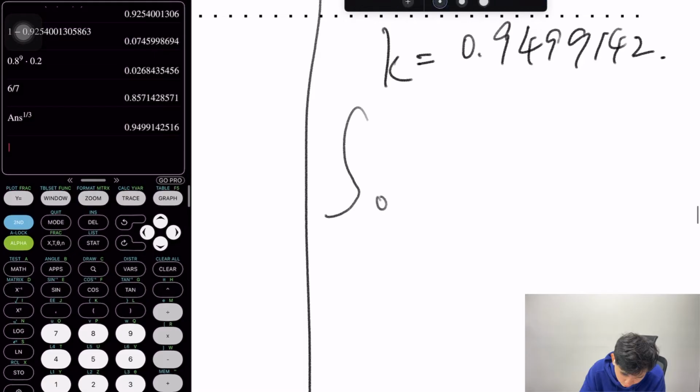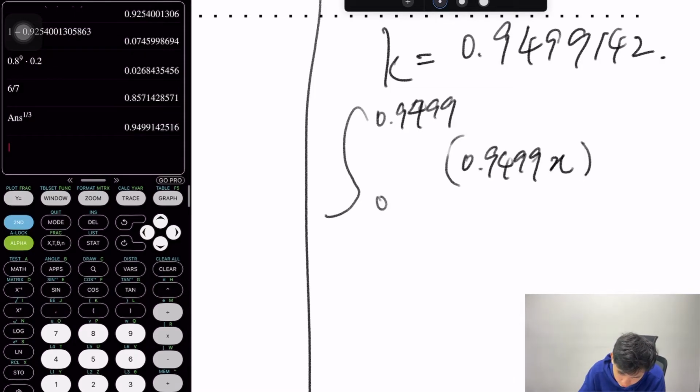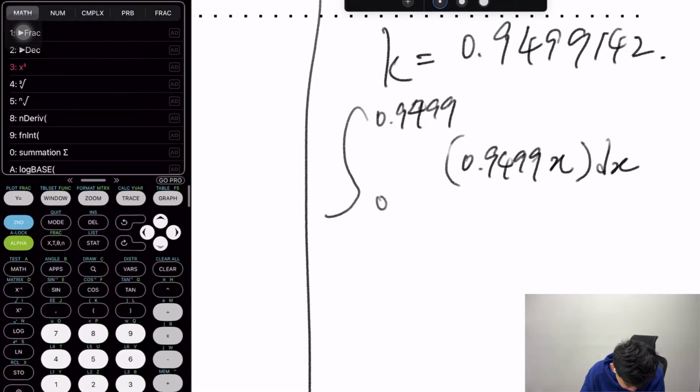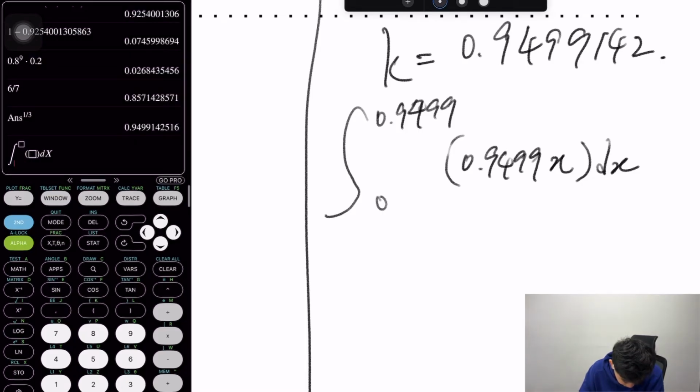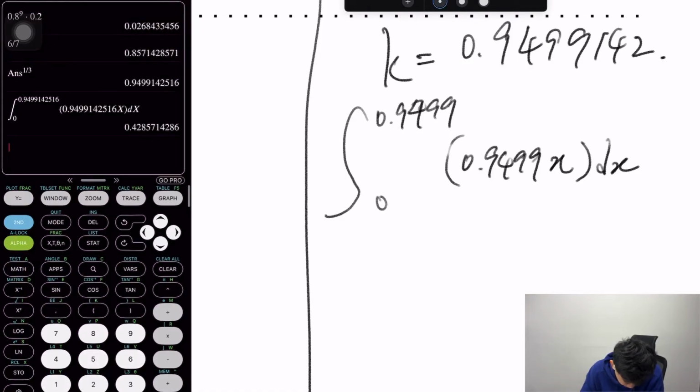So 0 to 0.9499, and then just do a little bit of checking first. So 0.9499 times x and then dx. We're going to check it quickly, and then go to number 9. And that's actually going to be 0.9499 squared over 2.